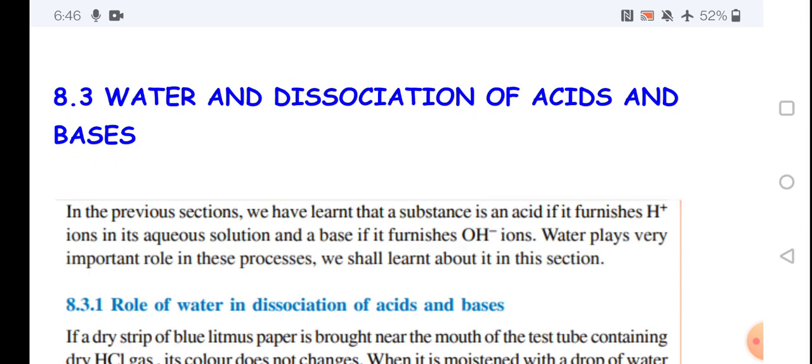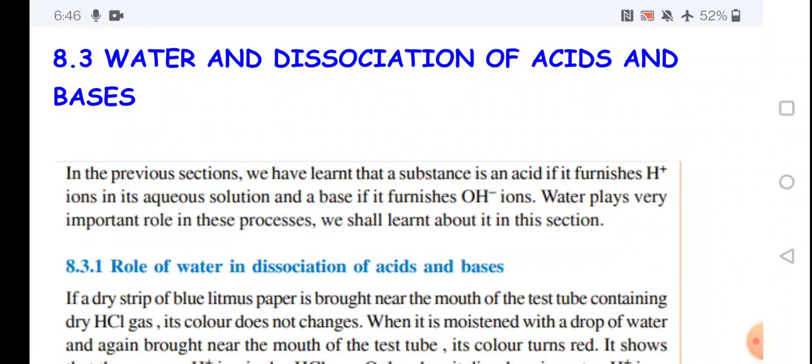Water plays an important role in this process. When an acid is mixed with water, it gives rise to hydrogen ions, H+, that is, cations, while bases dissociate in water to give hydroxyl ions. That means water plays an important role in studying acids and bases. So in this section we learn how important water is when learning acids and bases.